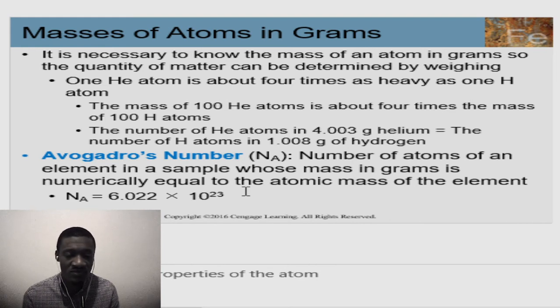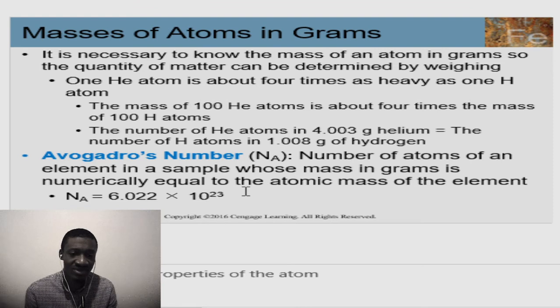The reason for that is because helium has a mass of 4.003 grams and hydrogen has a mass of 1.008 grams, and that's how comparison is being made, because actually if you put a scale of hydrogen against a scale of helium, you need to put 4 hydrogens to balance the scale. That's literally what it means.